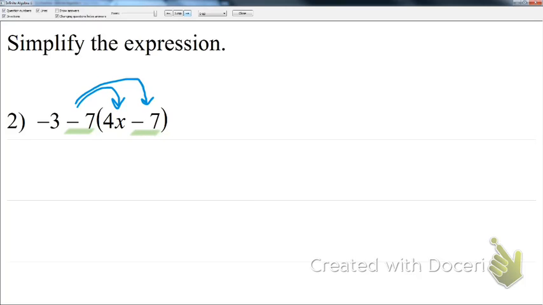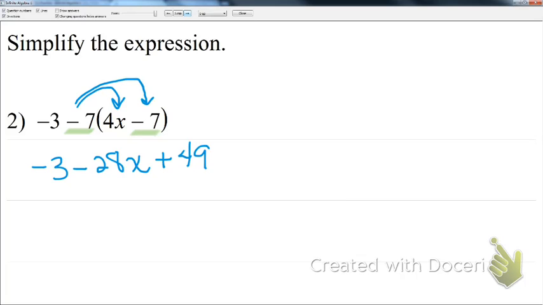All right, so let's write down our answer. Negative 3, we just copy down, minus, because a negative times a positive equals a negative, 7 times 4 is 28, x, don't forget your variable, and then negative 7 times negative 7 is a positive 49.